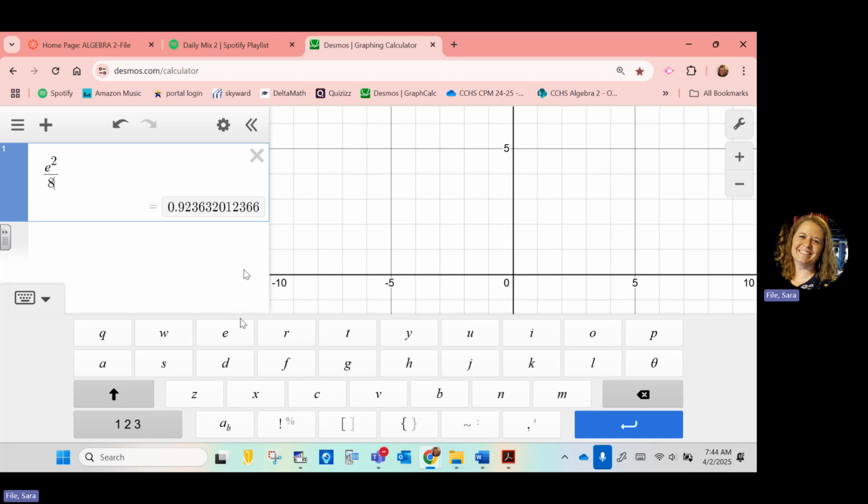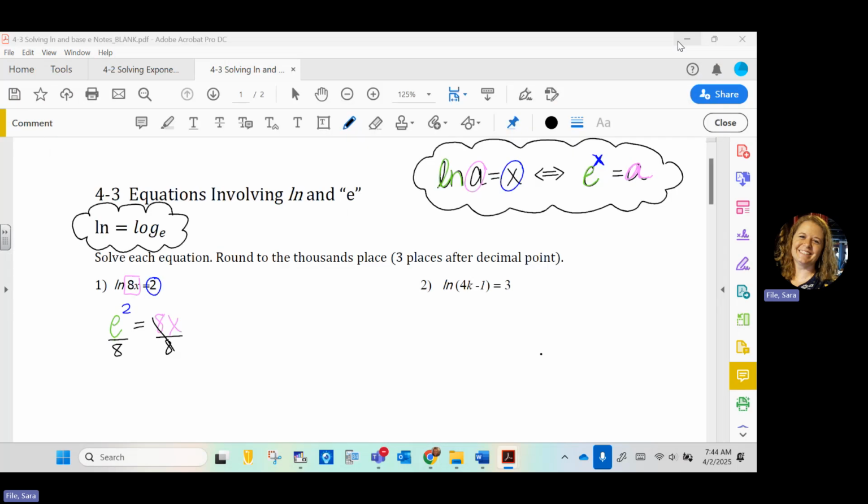So again, we're going to continue rounding to the thousandths. Now you may be asked to leave it in this form, e squared over 8. If they ask for an exact value, it's e squared over 8. If they ask for a rounded value, you can give the decimal to whatever place value is asked for.